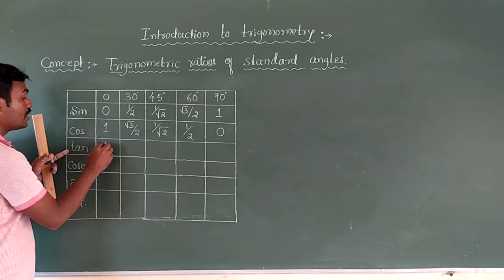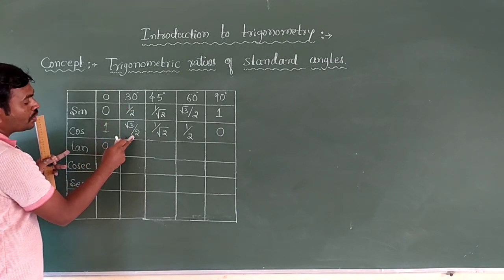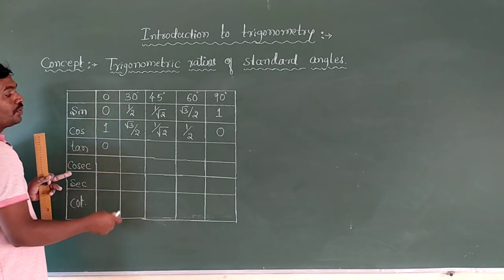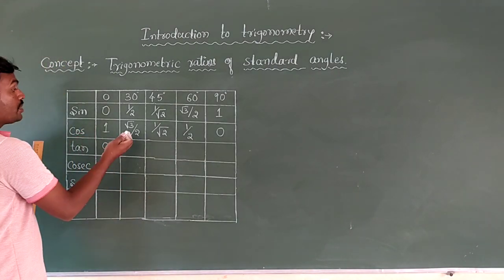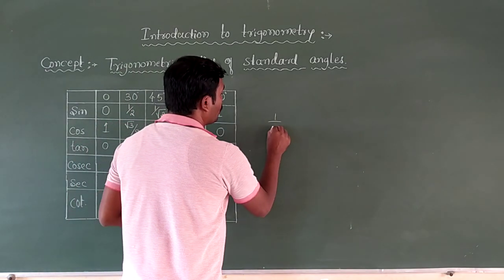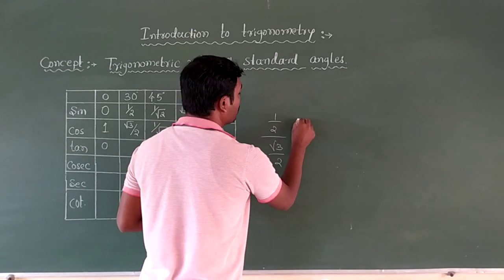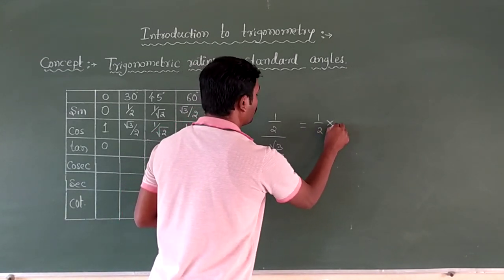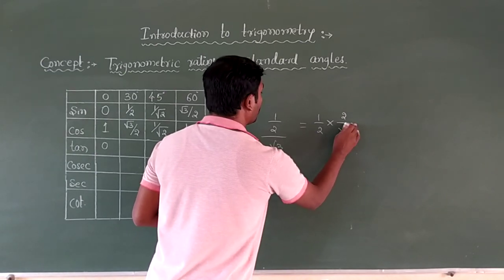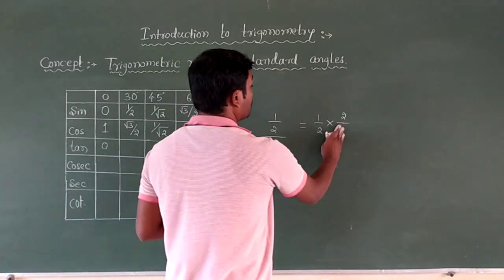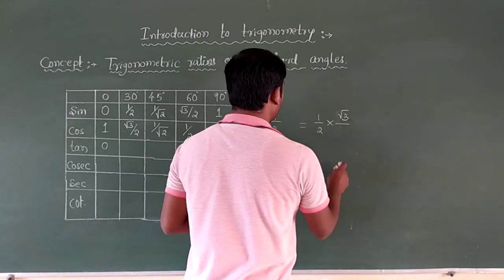Tan 0 is 0 by 1, which is 0. For tan 30, take the ratio of these two: 1 by 2 divided by root 3 by 2.